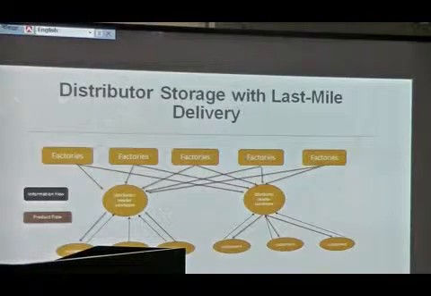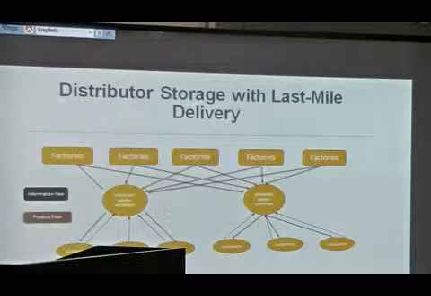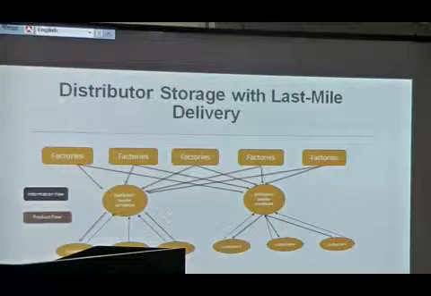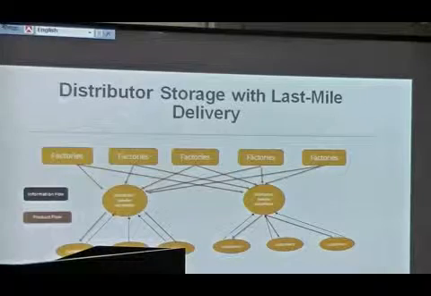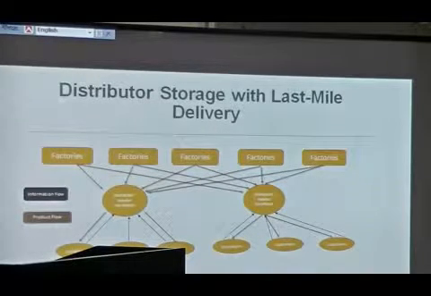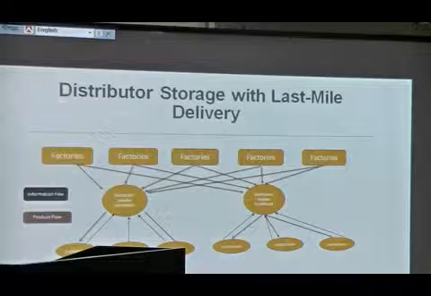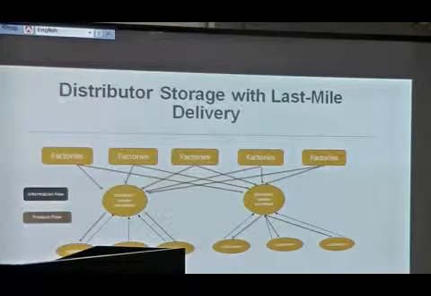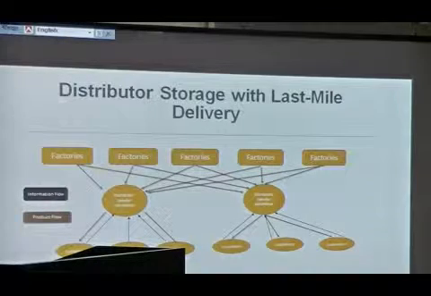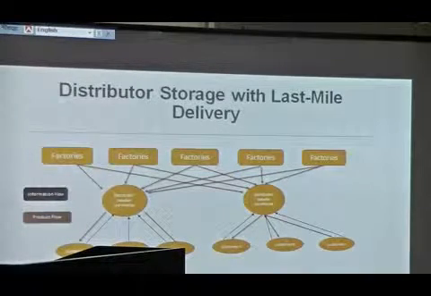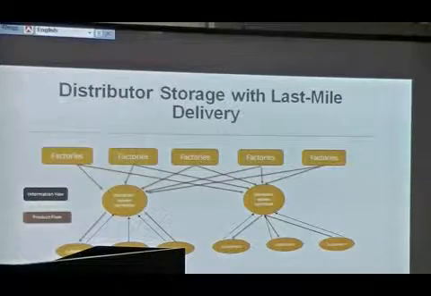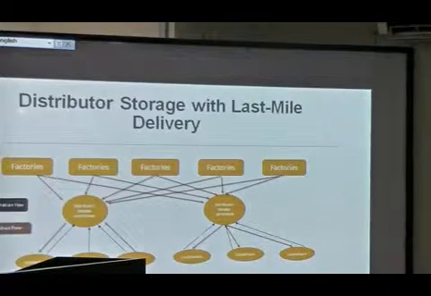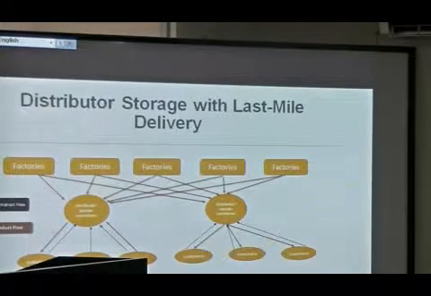Distributor storage with last mile delivery. Okay, with this one, as you can see, the customers place their order directly at the distributor or retailer warehouse, and then the order is placed back to the factories, and the factories directly ship those products to the distributor or retailer warehouse, and the retailer warehouse ships them to the customers, but not through package carrier.